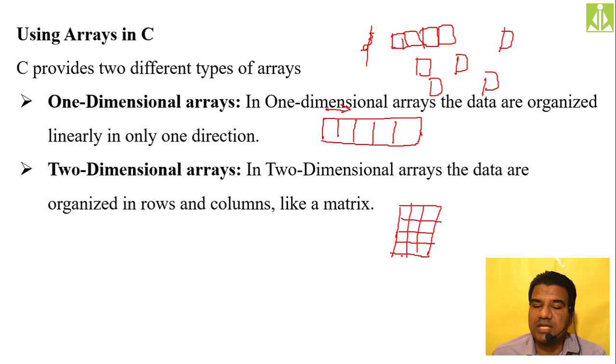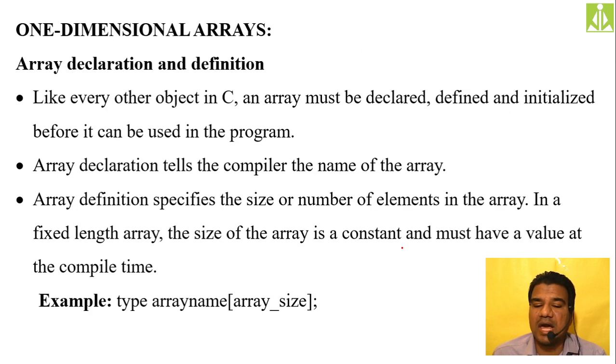Remember this one. In a one-dimensional array, data are organized linearly in only one dimension. But in a two-dimensional array, the data are organized in rows as well as columns, like a matrix.